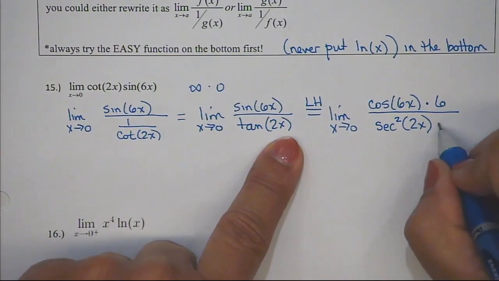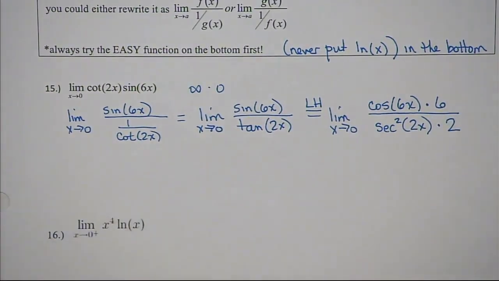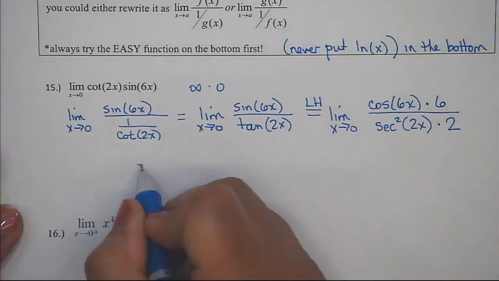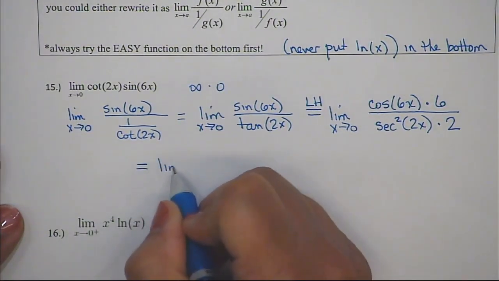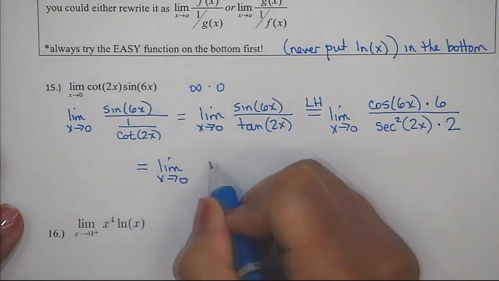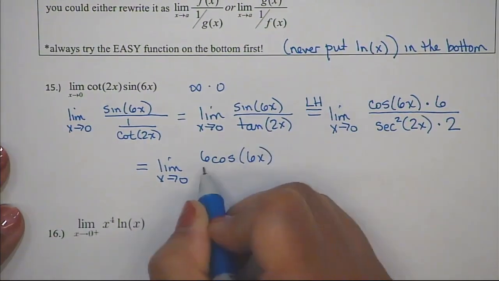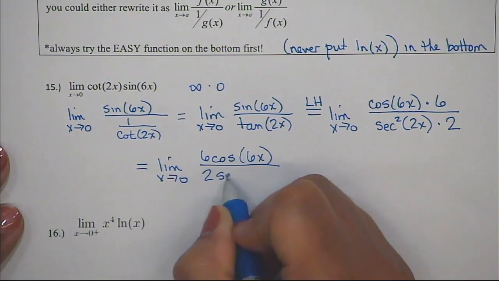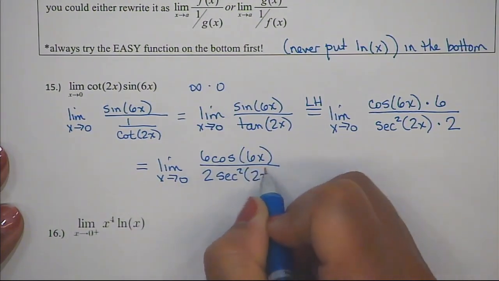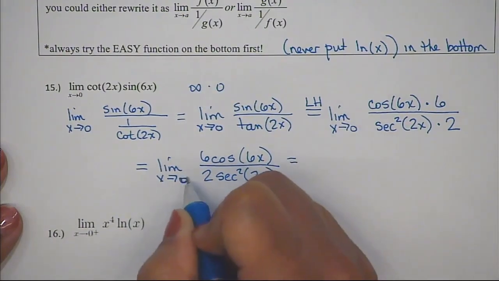And then times the derivative of the inside, 2. All right, so let's simplify that. So that's the limit as x goes to 0 of 6 cosine of 6x over 2 secant squared 2x. So now we can plug in 0.